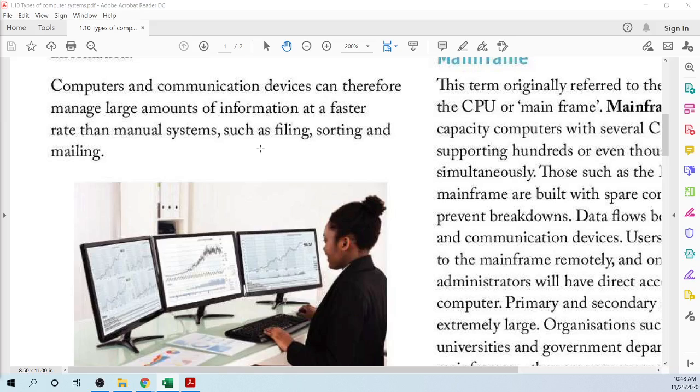Let's see. Amelie, you can read for us. Computers and communication devices can therefore manage large amounts of information at a faster rate than manual systems, such as filing, sorting, and labeling.